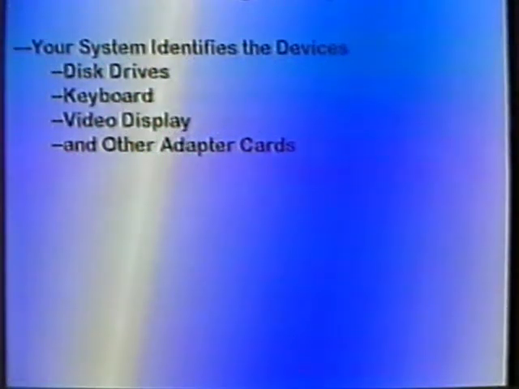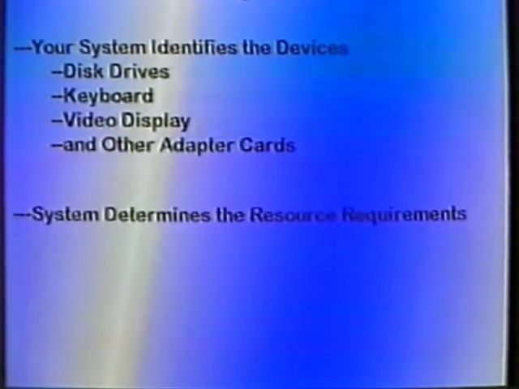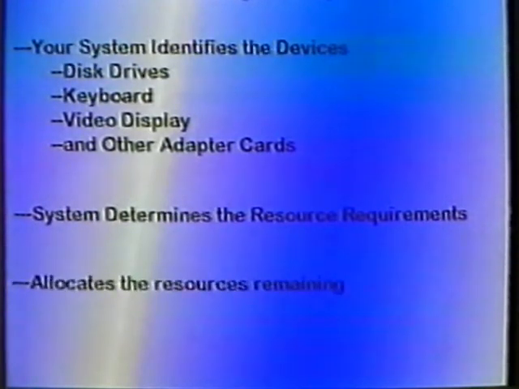The way it works is that first your system identifies the devices on the motherboard plus the external devices. This would be disk drives, a keyboard, your video display, and other adapter cards. Then, the system determines the resource requirements of each device, and also determines which have fixed requirements, and which can be reconfigured. Next, it allocates the resources remaining after considering other devices in use.